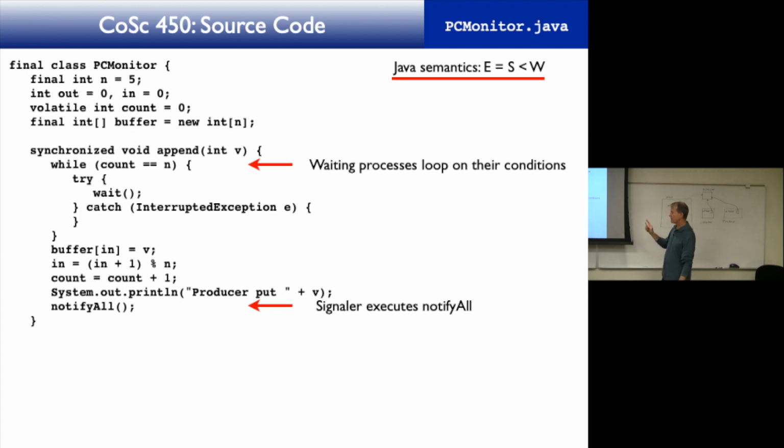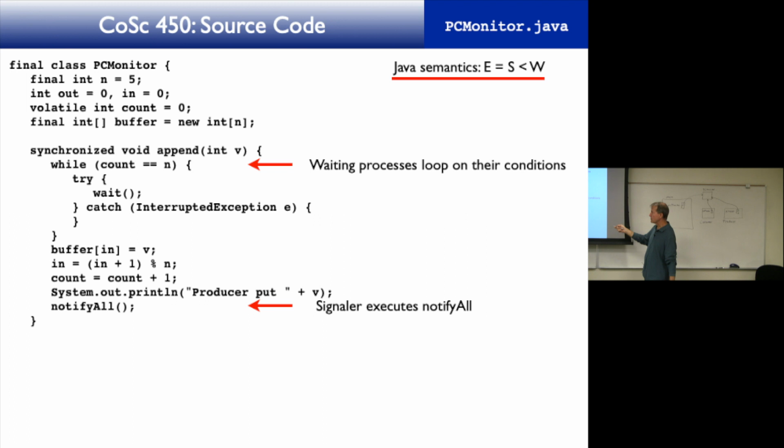Now look, anytime you have Java, because of the way the entry precedence is equal to and not less than the wait precedence, the waiting processes have to loop on their conditions.